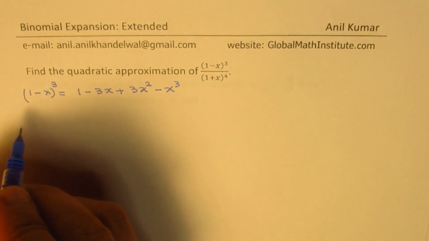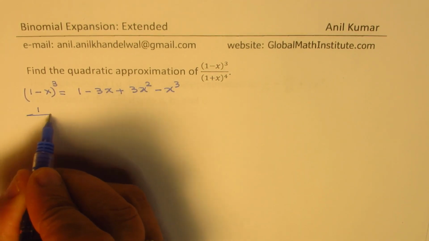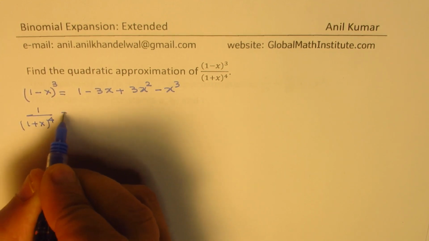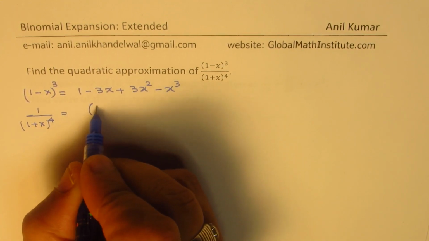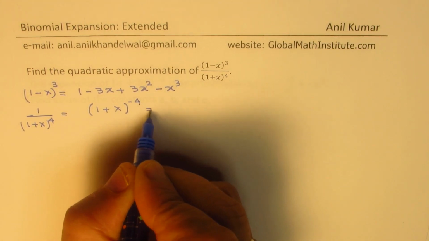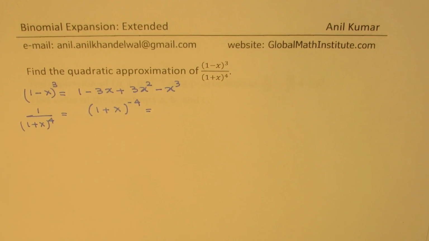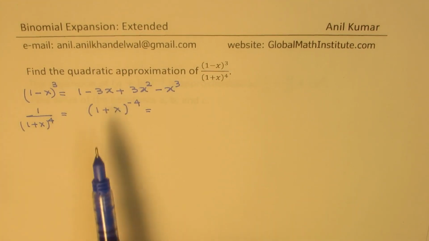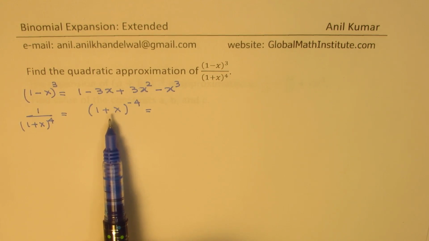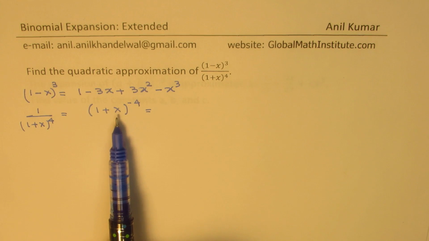But how do we figure out the expansion for 1 over (1 + x)^4? Well, we can treat this as (1 + x)^(-4). And we'll use the binomial expansion extended form where the value of x is between minus 1 and plus 1, right?